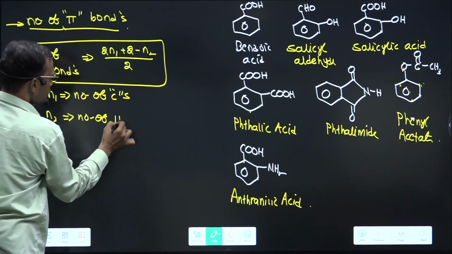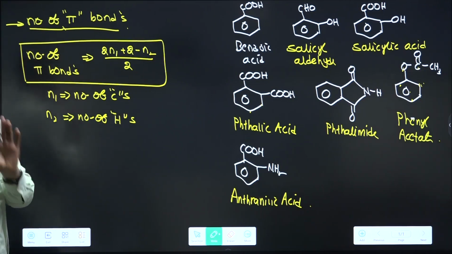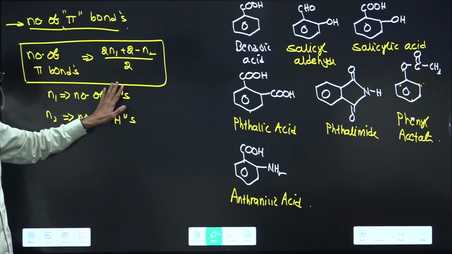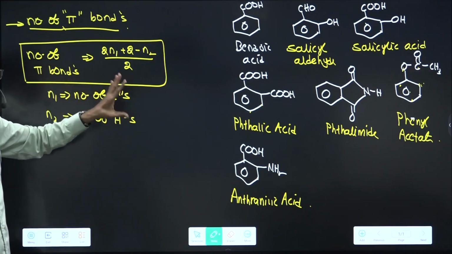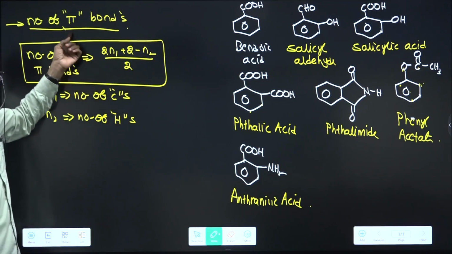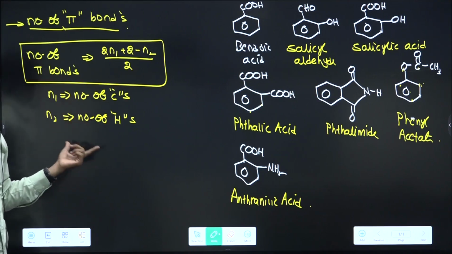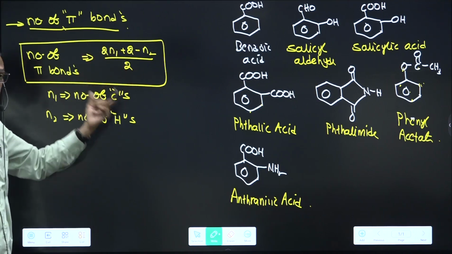Number of hydrogens. n1 is carbons, n2 is hydrogens. Where will you observe this? DU. The DU formula is also responsible for giving the number of pi bonds, but this is applicable for open chain only. Don't apply this formula for rings. Number of pi bond calculation is applicable only for open chain. Don't apply this for rings.